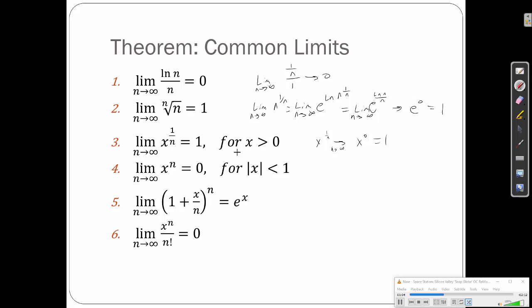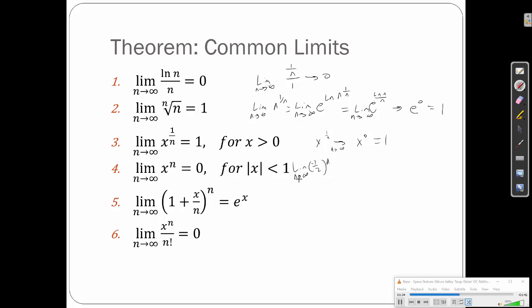Why is this one true? Well, notice this is saying for absolute value of x less than 1. That means it's like 0.9 or 0.8 or 1/2. If you take 1/2 to the n as n goes to infinity, every time you raise this to a higher exponent, it's going to go towards 0.